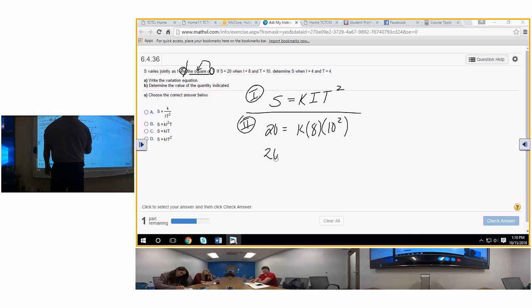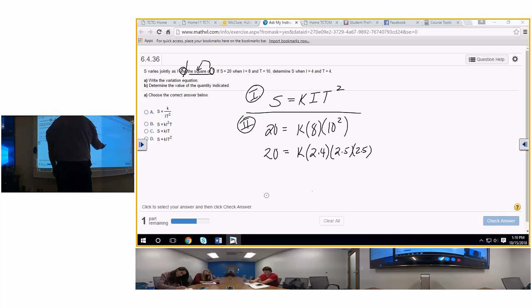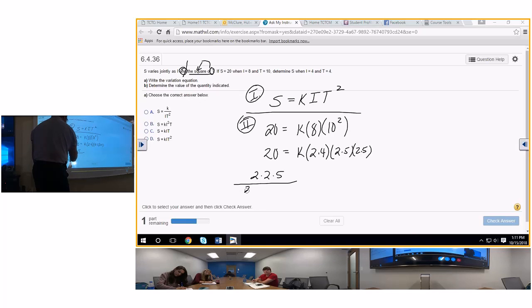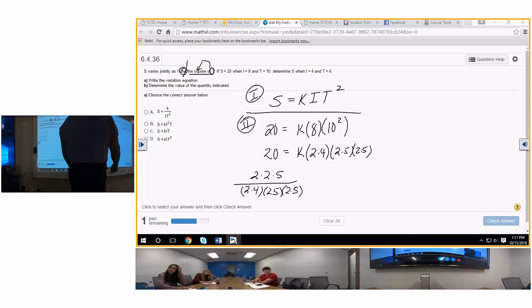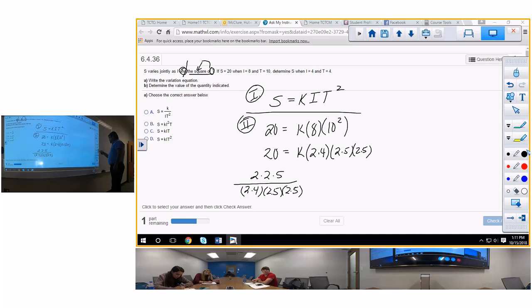So 20 is equal to K times 2 times 4 times 2 times 5 times 2 times 5. I'm just doing this because I'm going to divide by all of that. So now I've got 2 times 2 times 5 divided by 2 times 4 times 2 times 5 times 2 times 5. And what happens to 2 of the 2's and 1 of the 5's? Cancel.